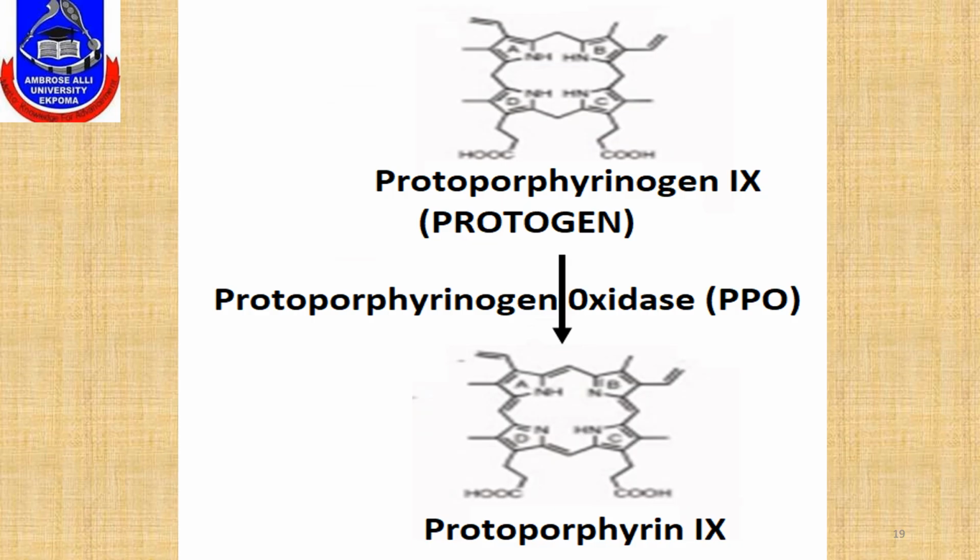Protoporphyrin 9 will be acted upon by an oxidase, that is protoporphyrin oxidase, to give us protoporphyrin 9. Remember, there's a distinction between the two protoporphyrin 9 forms, as you can see.